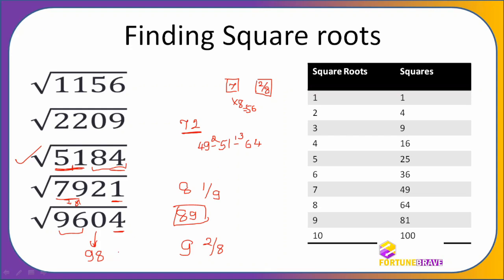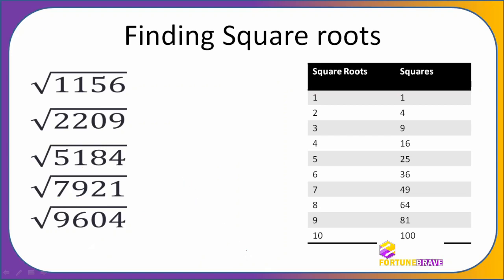98. Now you may ask me what will happen if the square root is more than 2 digits. So we'll take one question like that. 23716. So here what we'll do: 16 means 6.